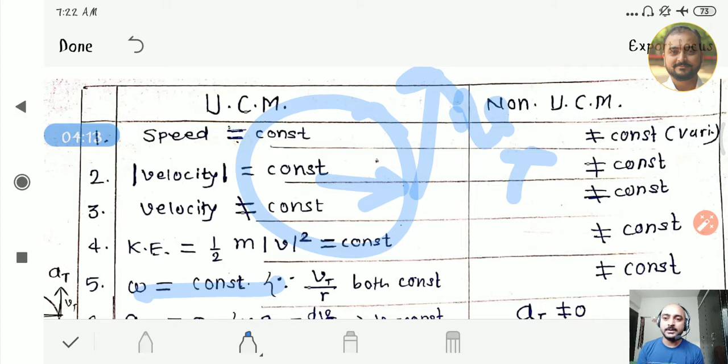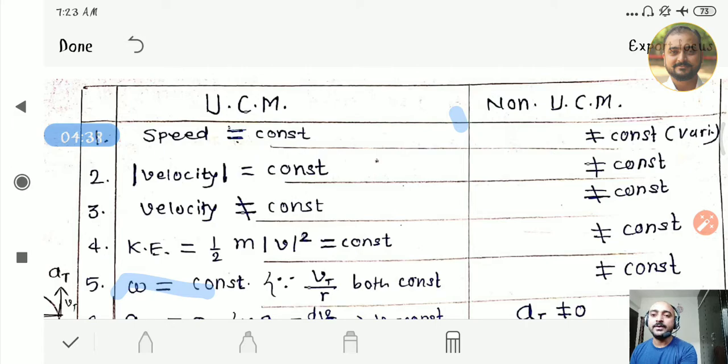The tangential velocity vt as well as the radius of the circular path are both constant, so omega, which has the formula v divided by r, that is the angular velocity, remains constant.